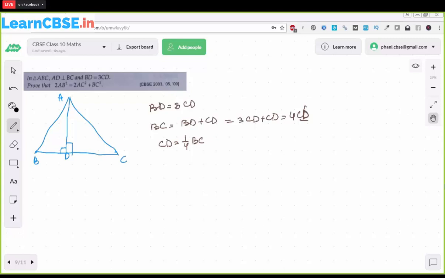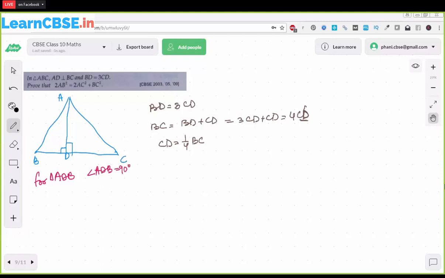Now, next, for the triangle ADB, what can we write? Angle ADB is 90 degrees.